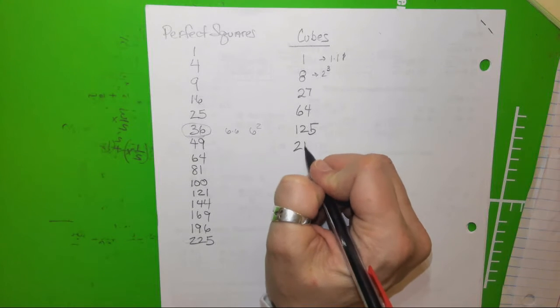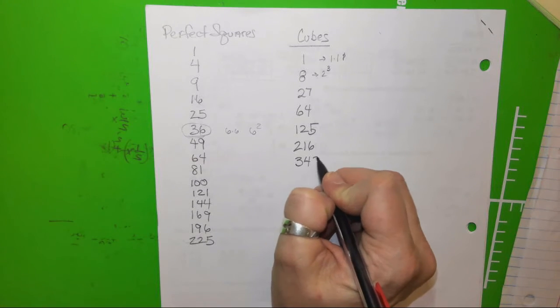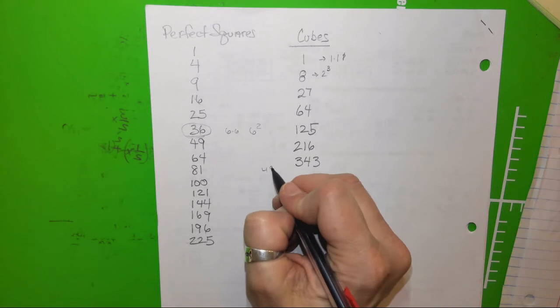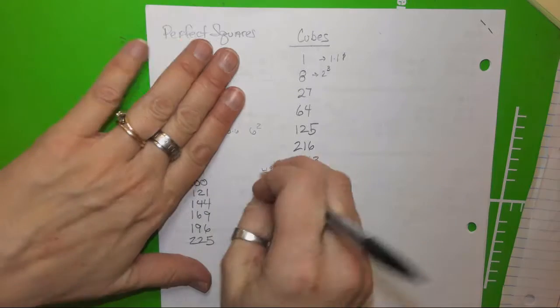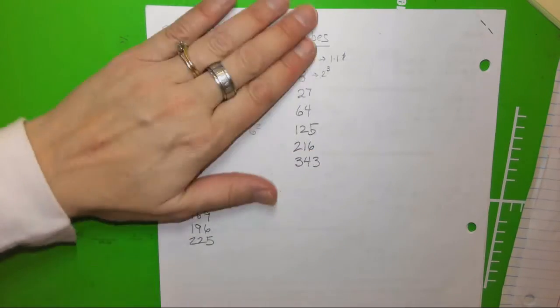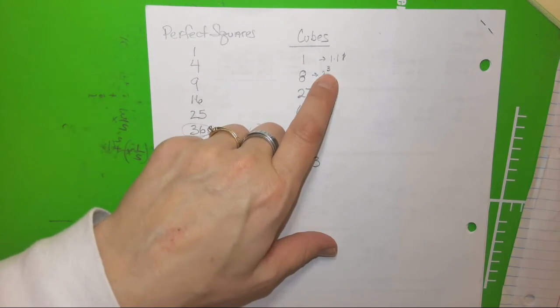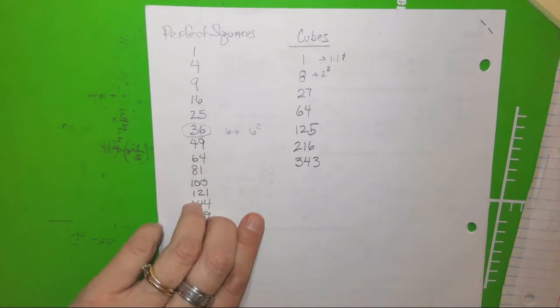Next. 216. And I believe we end up with 343. 7 times 7 is 49, times 7, 343. Yeah. So these are perfect cubes. They're cubes because 2 cubed is 8. 3 cubed is 27.